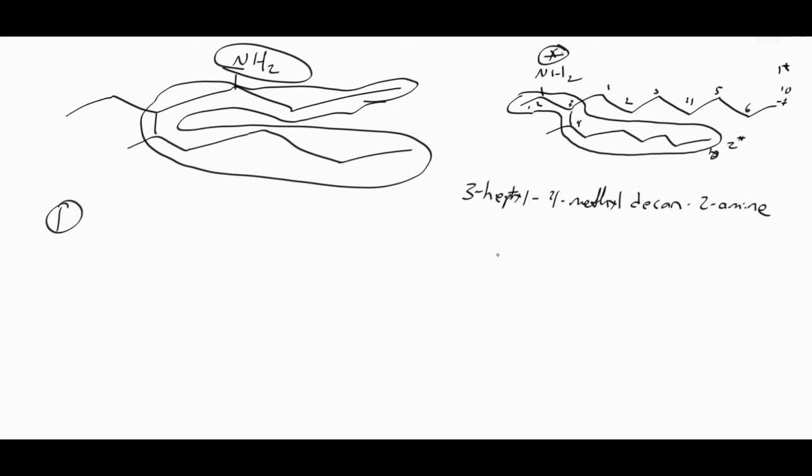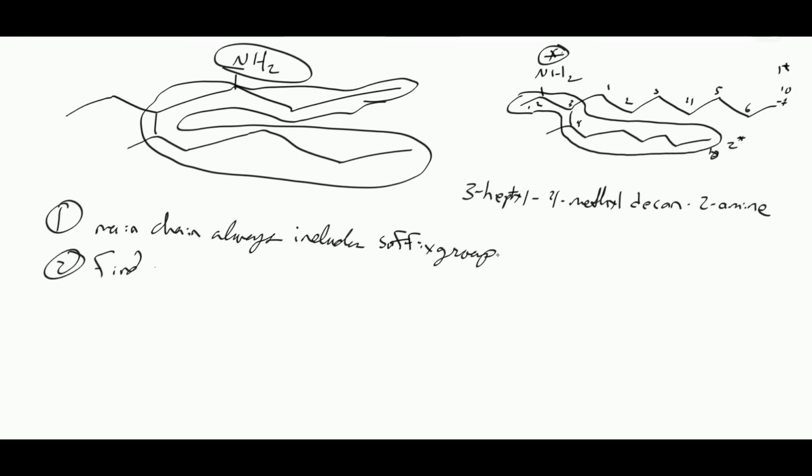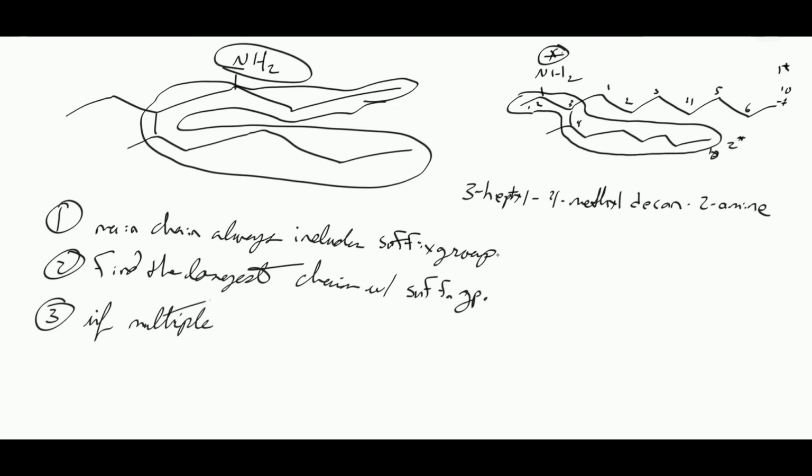So 1, main chain always includes the suffix group. 2, you find the longest chain with, I'm going to abbreviate a bit, the suffix group. 3, if you have multiple options, chain with most substituents.